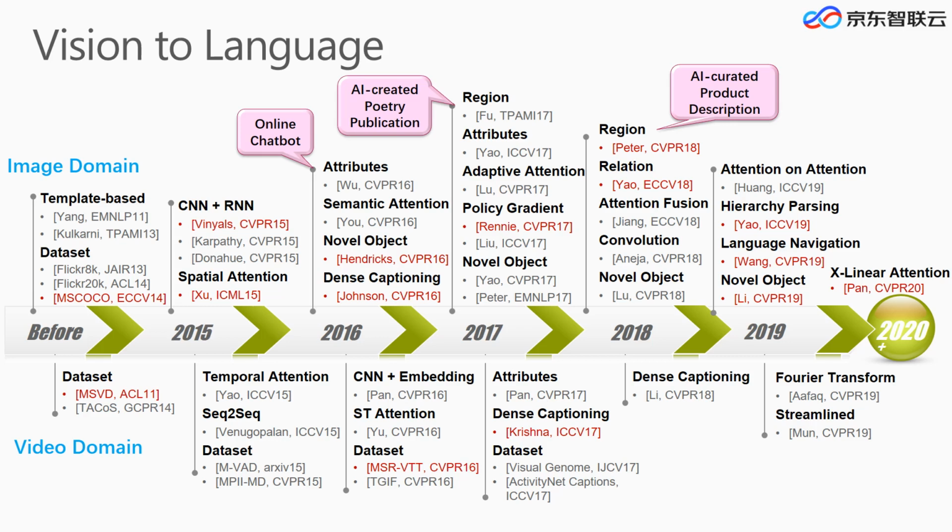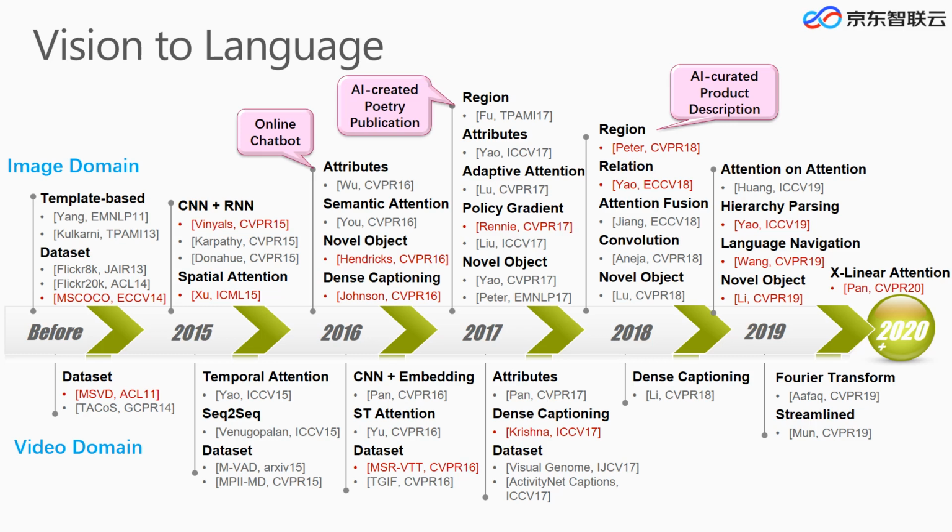In 2015, deep captioning models were first presented. The common design is to employ a convolutional neural network as an image encoder to produce image representations, and then exploit an LSTM decoder to generate the sentence. The attention mechanism was also proposed that year, which locates the most relevant spatial regions when predicting each word.